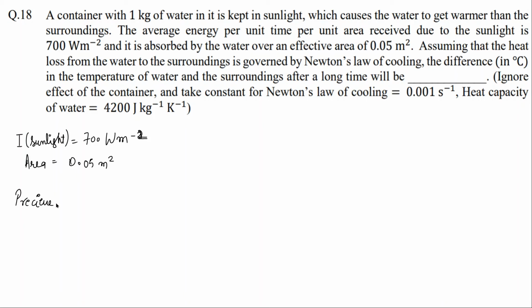Power received can be written as I into A, so that would be 35 joule per second.